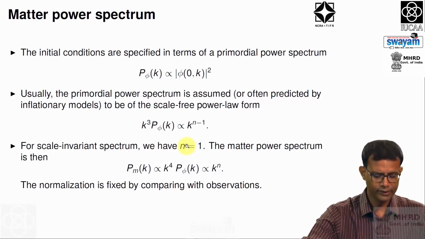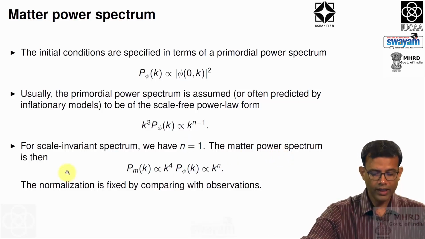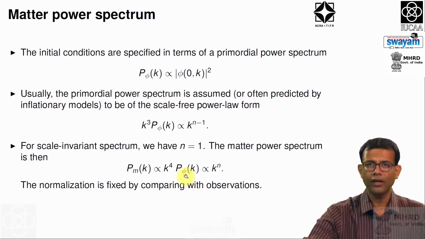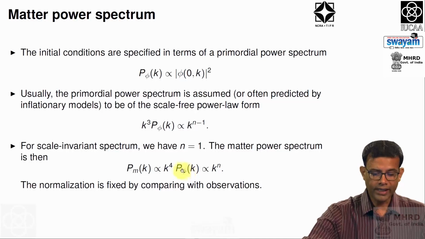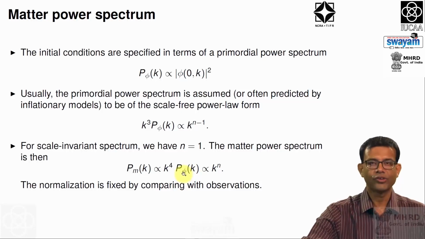The matter power spectrum is written as P of m, which is proportional to k to the 4 P phi. This comes basically from the Poisson equation. If you remember, the density contrast delta is related to the potential through a factor of k squared.